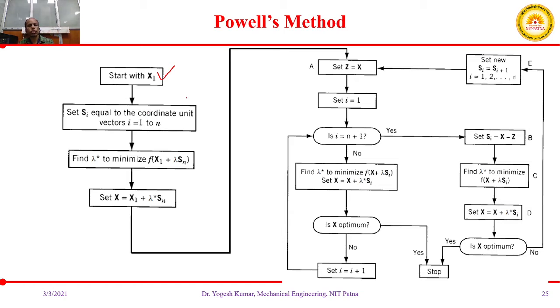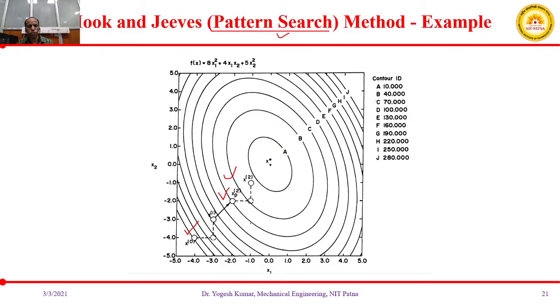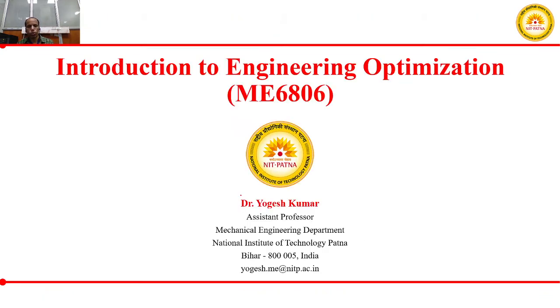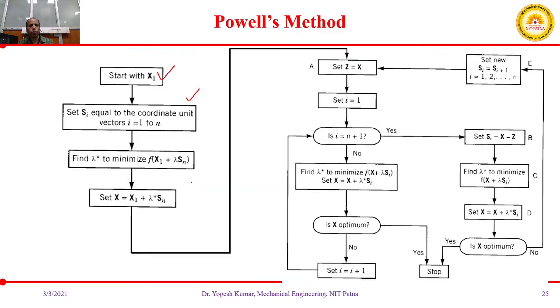The search direction may be like in the previous example, where we were trying to get the optimum value in the x1 direction, then the x2 direction, and then simultaneously in x1 and x2. In the same way, in Powell's method we have search directions.